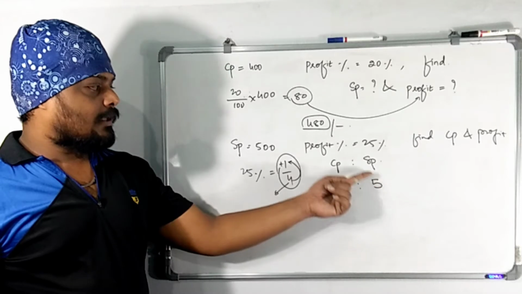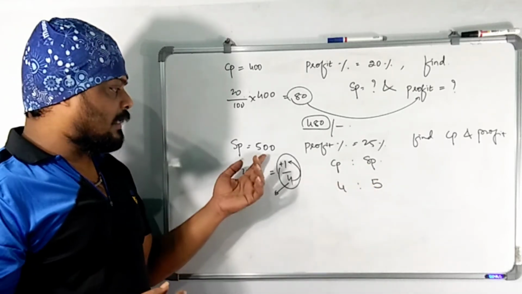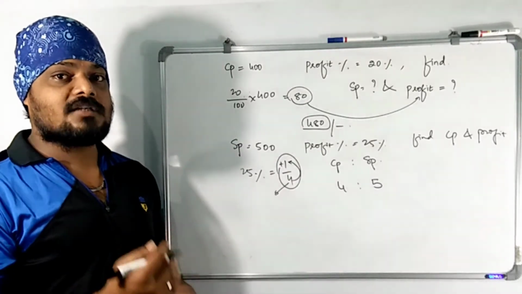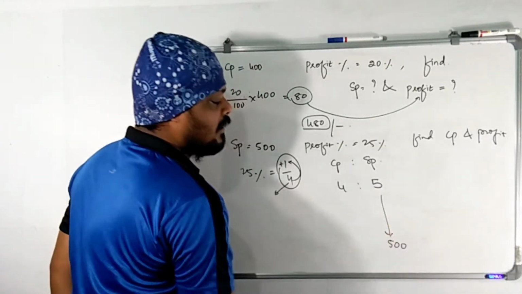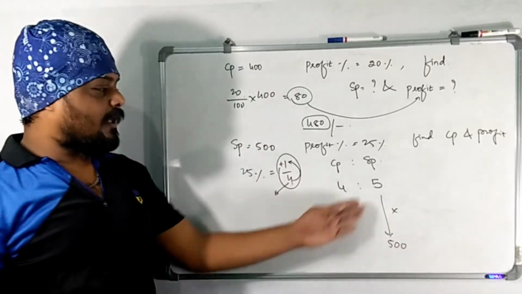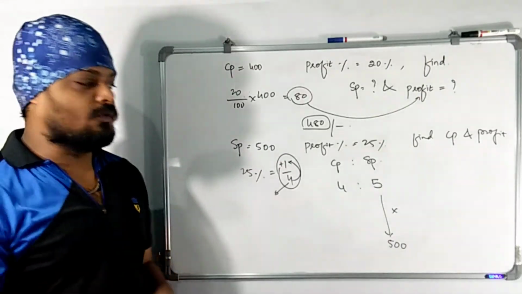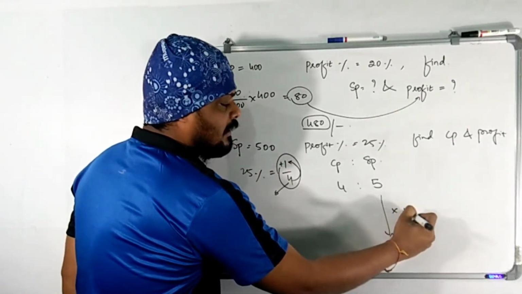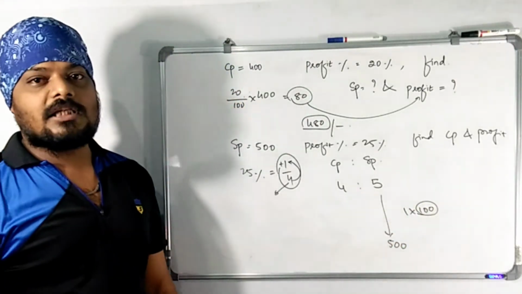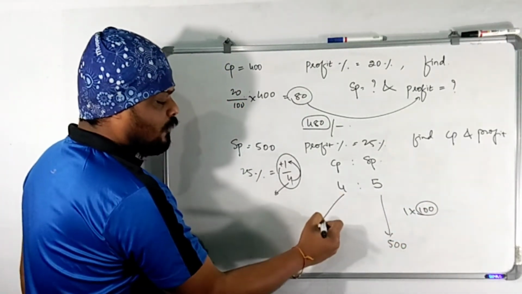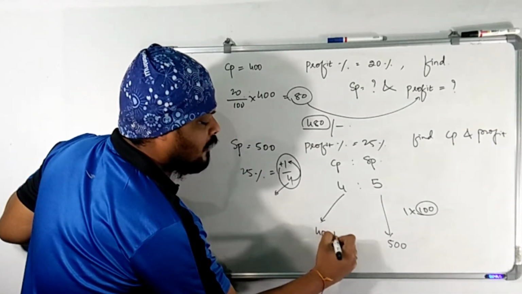In the ratio condition, 5 units is given as 500 originally. If 5 units is 500, then how much is 1 unit? 1 unit is nothing but 100. Then what about 4 units? 4 units is 400 rupees.